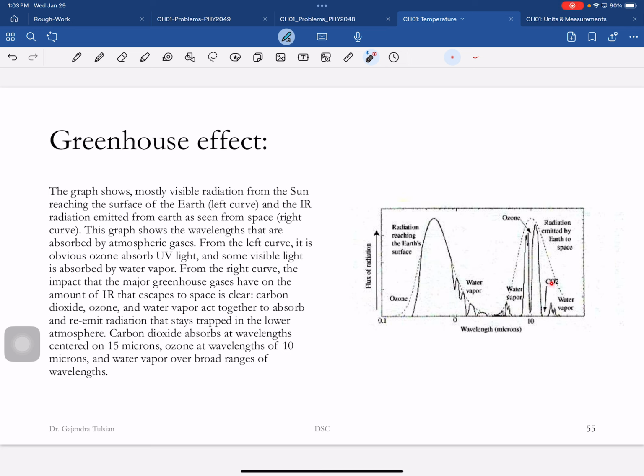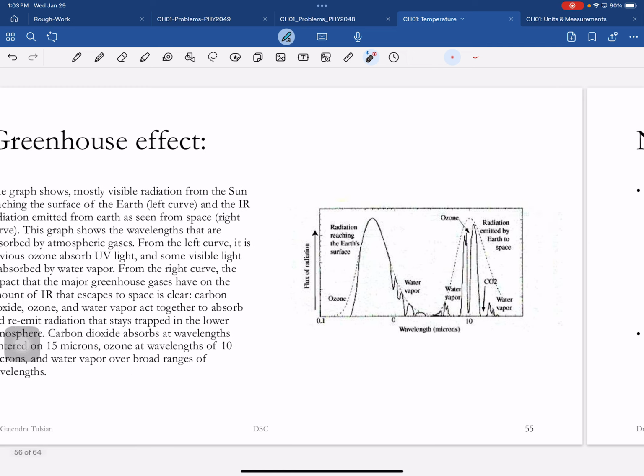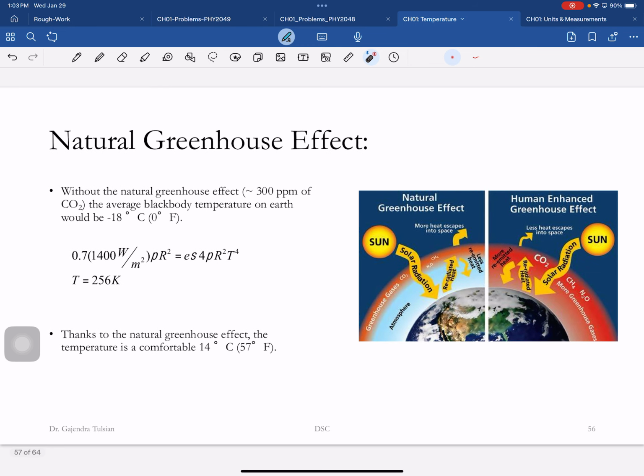If you didn't have any greenhouse gases, this is what would escape to space. This is what is actually escaping to space. Again, we've gone from 280 parts per million to 420 parts per million today.